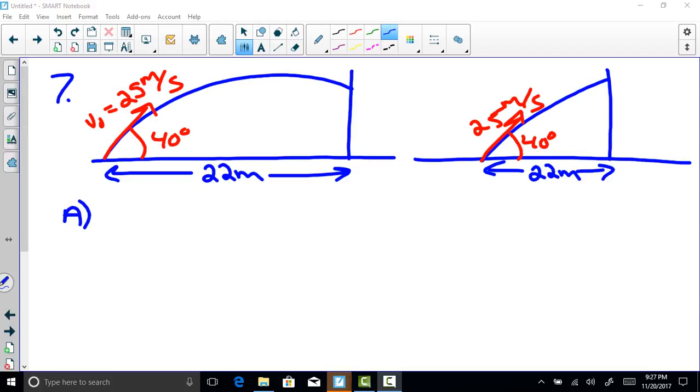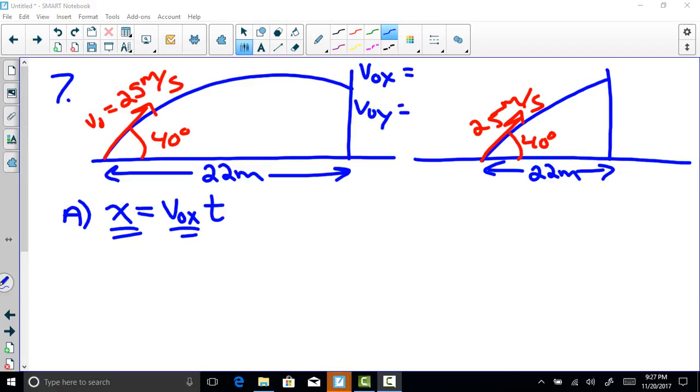One way we could find that is to use the x direction, because we know the x distance. So we could use x equals v initial times time, because I know this and I know that. Now I should stop and calculate v initial x and v initial y.